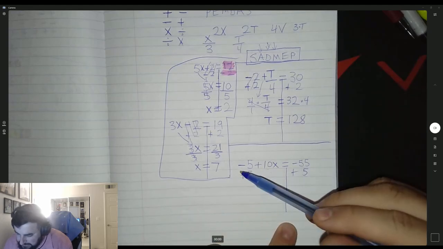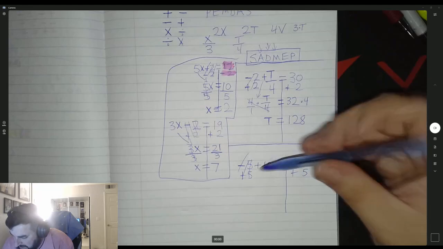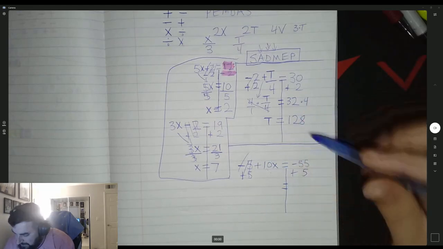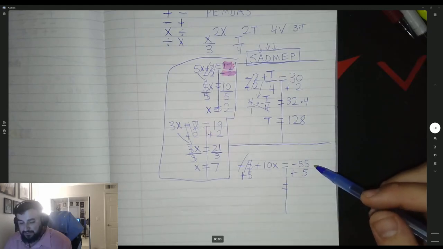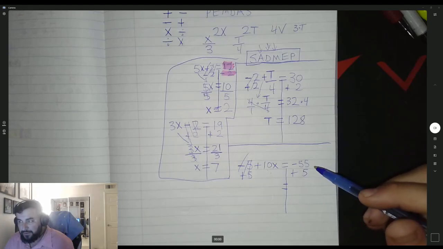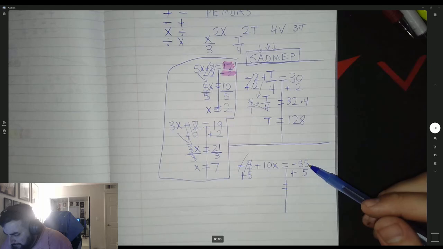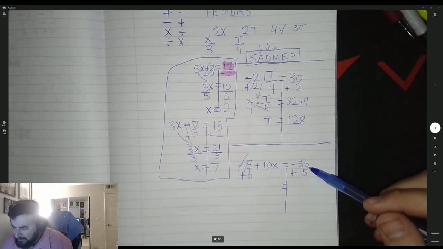Okay. These get canceled out. They no longer exist. That is equal to 0. So I'm going to put my equal sign right here. And this is, ooh, remember, you guys see how this is a negative and positives? This is why it's important to remember your combining like terms rules and the positive and negative rules. Yeah, 55 negatives and 5 positives, right? Think about that. Do they like each other? They don't.